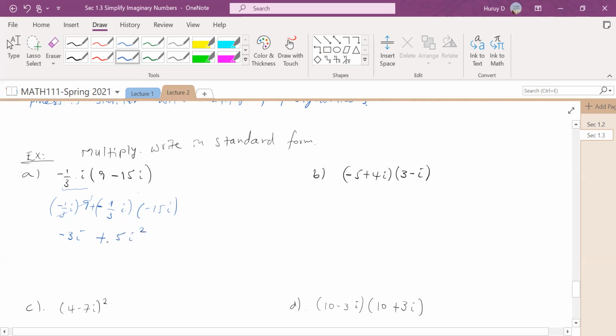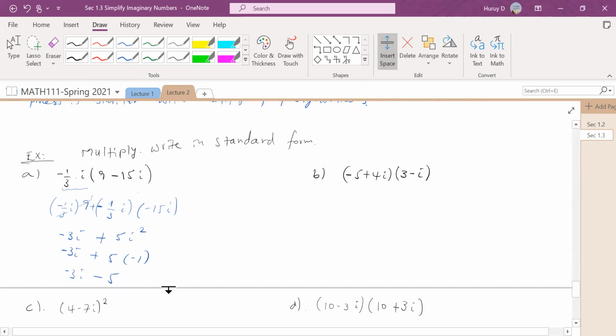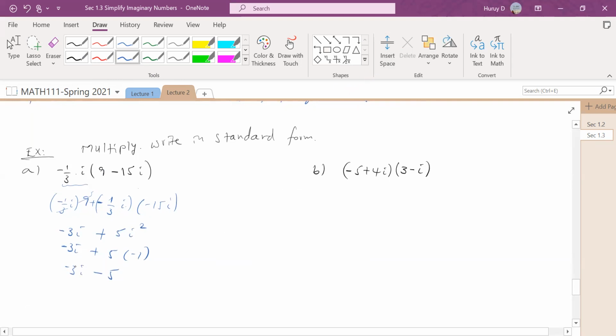And this is -3i plus 5 times -1, because i squared is -1. So this is -3i minus 5. Now I have to write this one in standard form. So the standard form of this one is -5 minus 3i. I bring the real number in front.